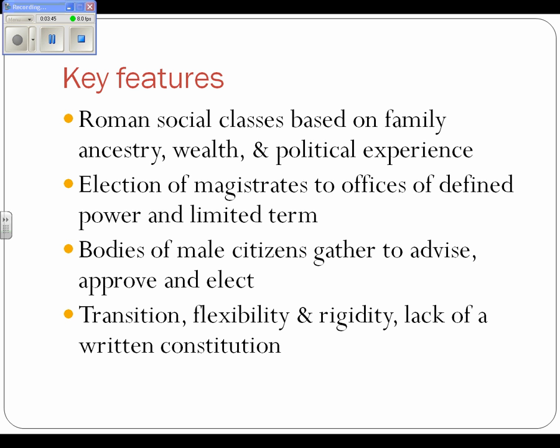In addition, the Roman Republic, it's worth noting, much like the early American Republic, was only a political body that incorporated male citizens.